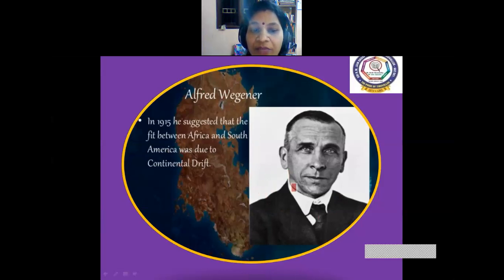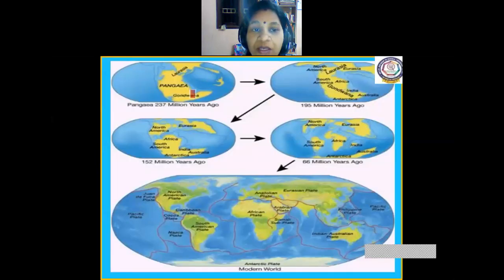Alfred Wegener was a meteorologist. See this, 237 million years ago, how the land was. See all the continents, all the landmass in one supercontinent.